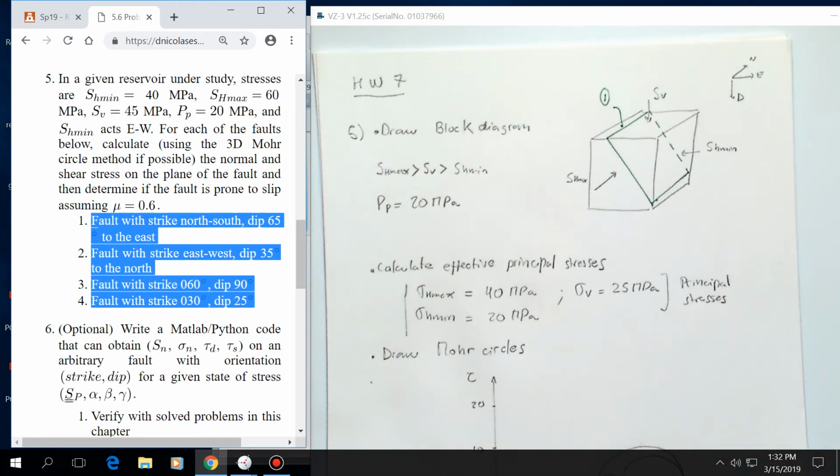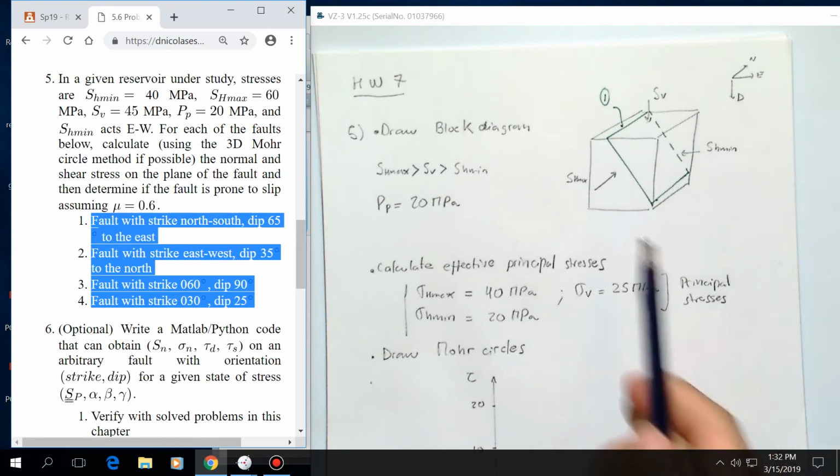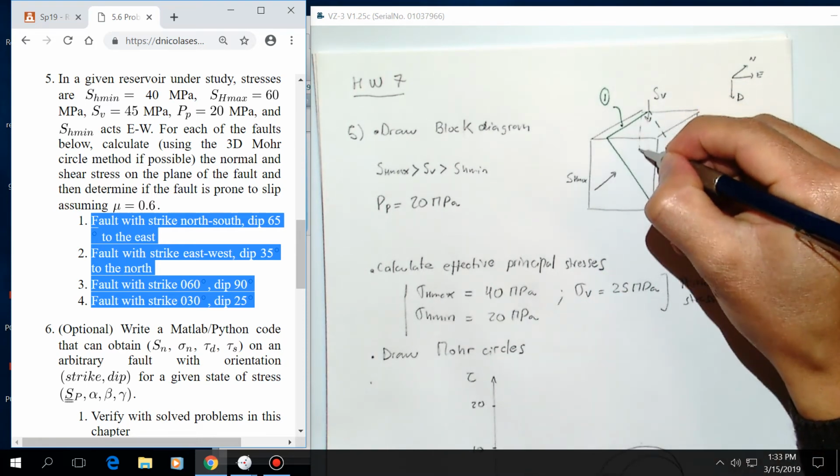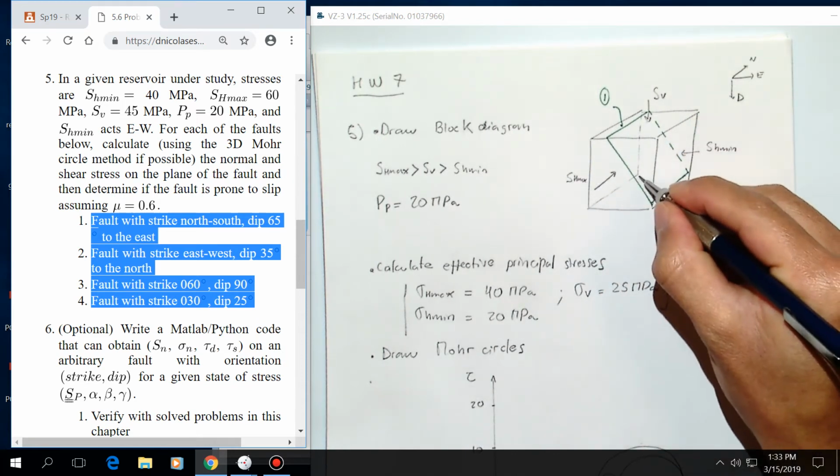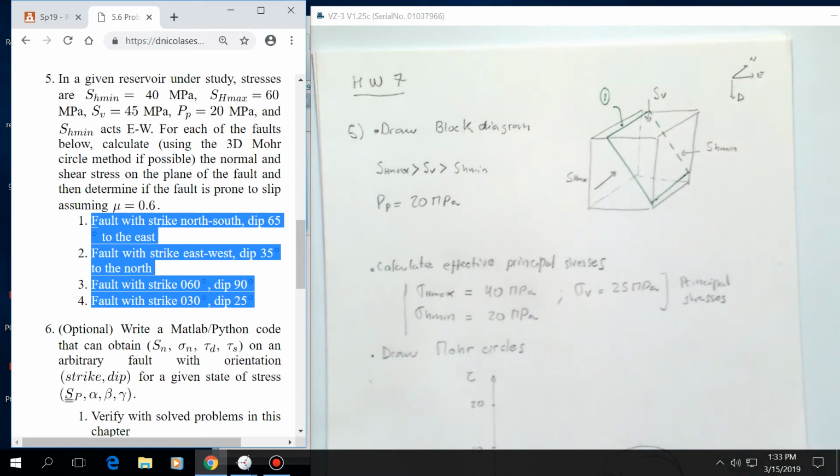Okay, tell me, that fault could be thought of as a combination of which 2 planes? SV and SH min. Remember that there is another plane of SH min here that we can't see, which is on the hidden face of this block.